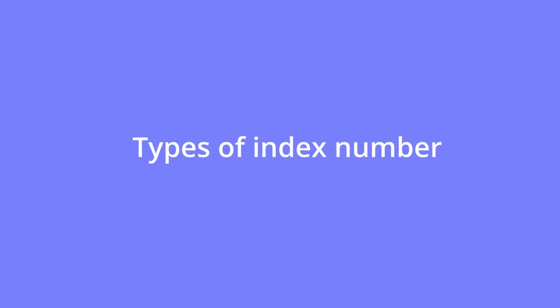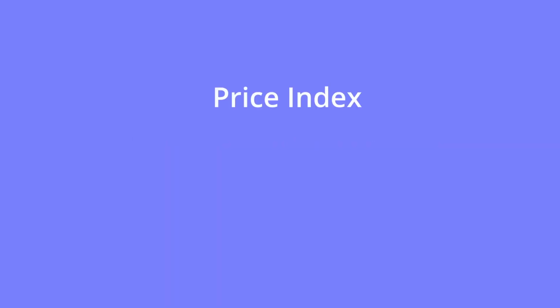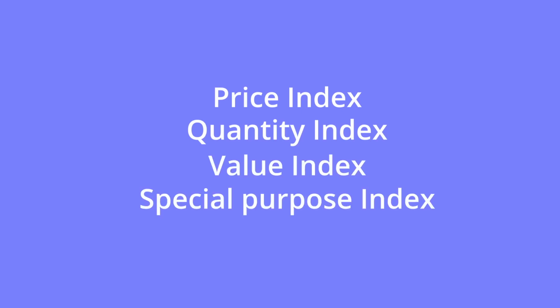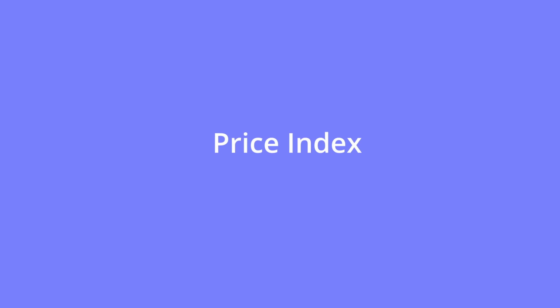Now let's see the types of index number. Index number can be split into 4 types: price index, quantity index, value index and special purpose index. Price index measures the general price change in an economy. Quantity index measures the level of output or physical volume of production in the economy.